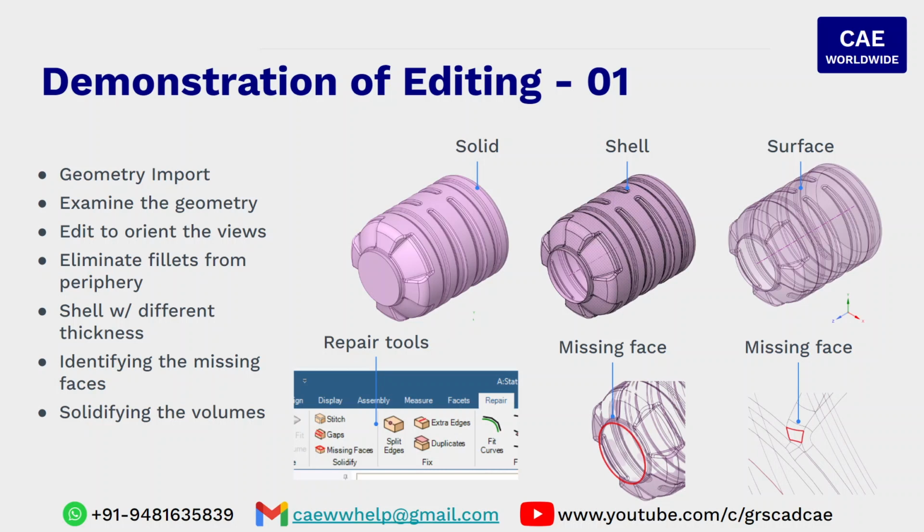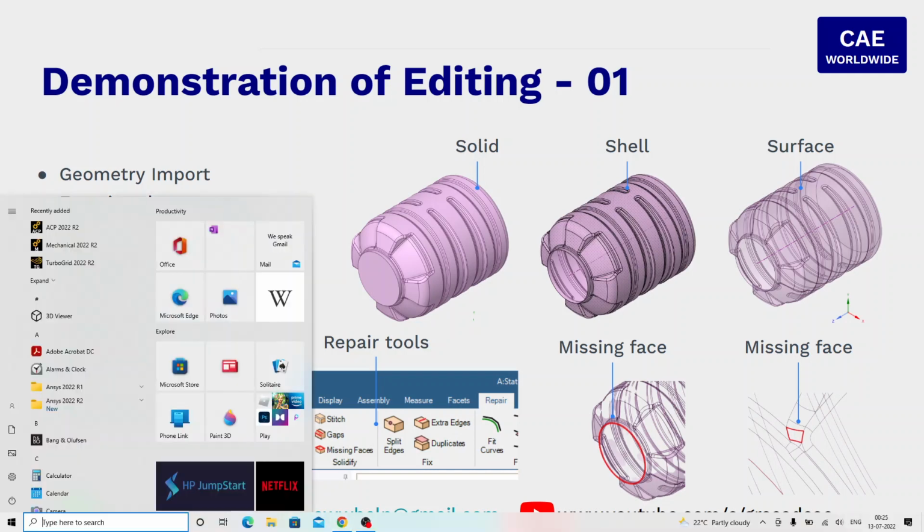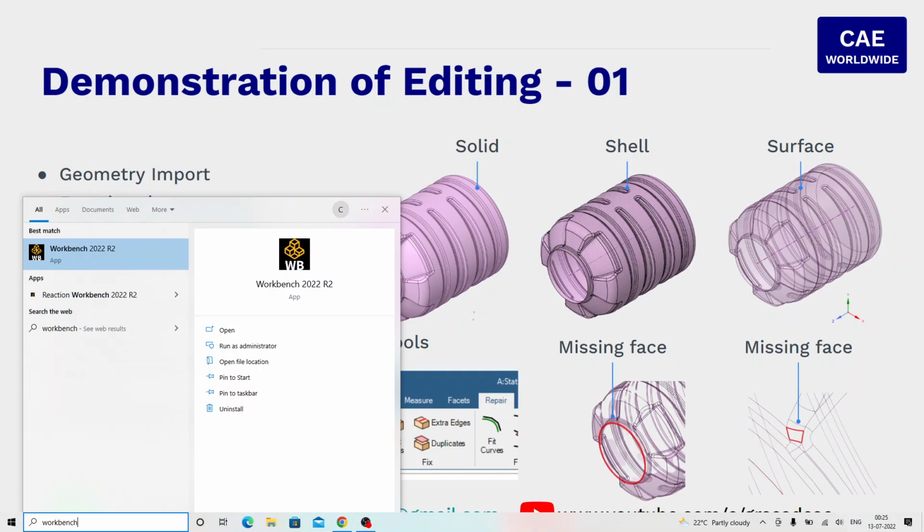We try to eliminate some of the fillets which may not be required, and we can extract the mid surface. We delete some of the faces and see what best we can do, or how we can play with this model to learn more about the commands. To get started, I'll open the Workbench.